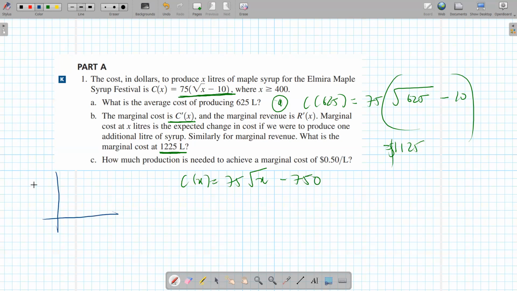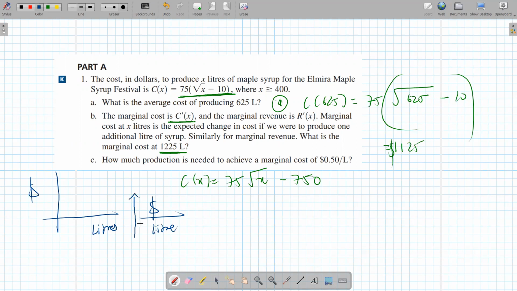So C of x, you have dollars on the y-axis, and on the x-axis you have liters. Marginal cost is how many dollars you are paying per liter. Actually, this is the cost, not the revenue.